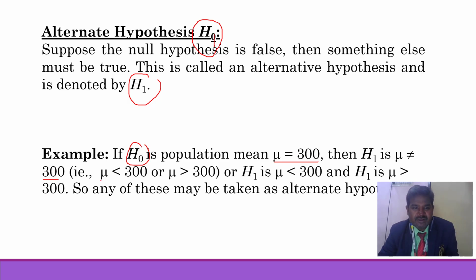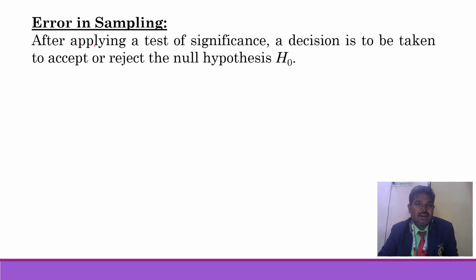In particular, it may be mu is less than 300 or mu is greater than 300. Or simply you can fix H1 as mu strictly less than 300, or H1 as mu strictly greater than 300. So any one of these may be taken as the alternate hypothesis. These are the possibilities; we have to choose H1.